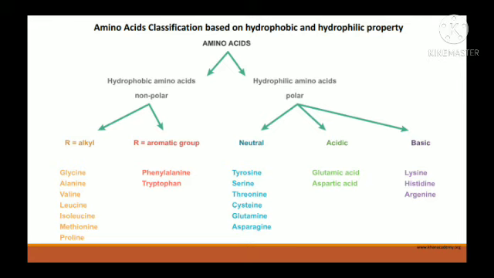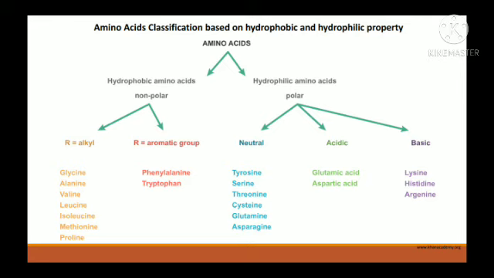The next classification is on the non-polar basis, the hydrophobic amino acids. They can carry an aliphatic chain, that is an alkyl chain, or can be aromatic, so they are of two types: aliphatic and aromatic. As I told you in class 10th, aromatic are those which carry the ring of benzene in their chain. They are two, phenylalanine and tryptophan, and the others are alkyls.